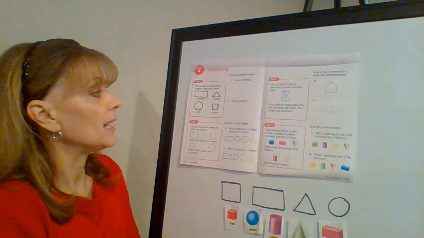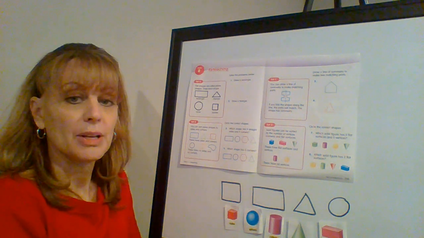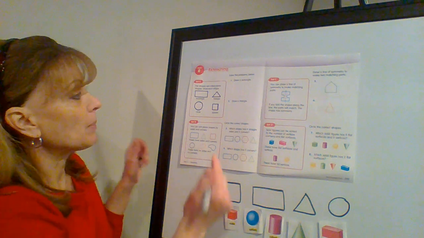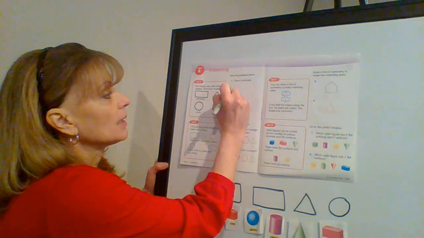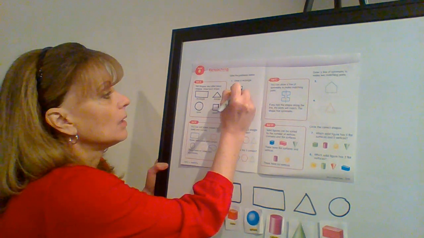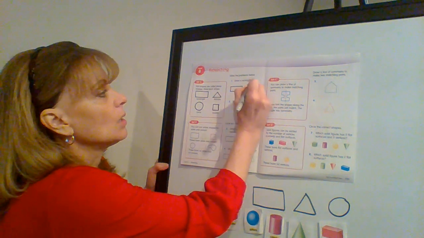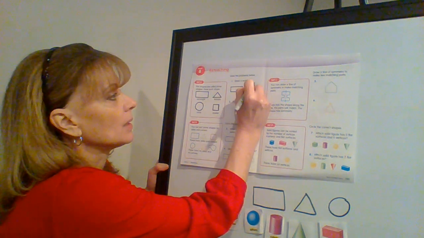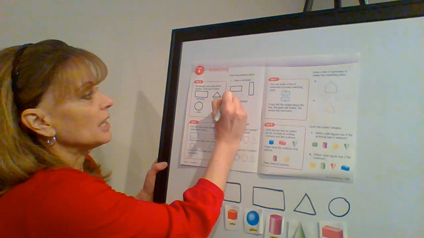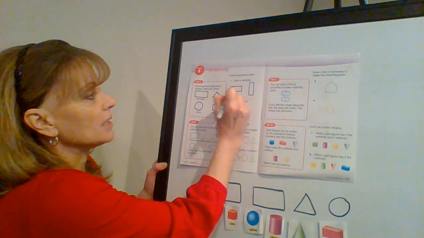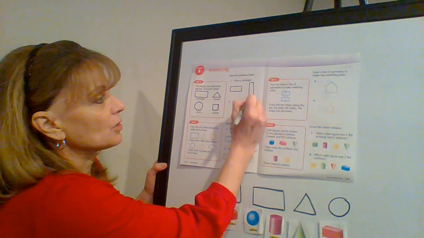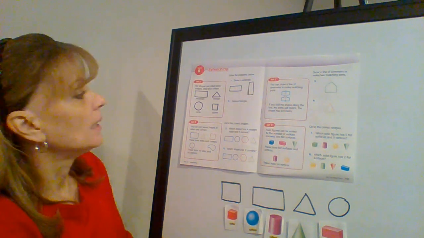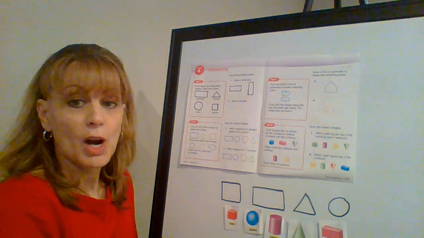Draw a rectangle. So go ahead and draw a rectangle for number 1. And remember, a rectangle can be horizontal or it can be vertical. But these lines are straight, these lines are straight, these lines are straight, those are straight. Mine's a little wonky. Number 2, draw a triangle.